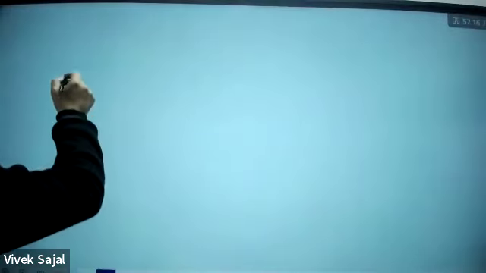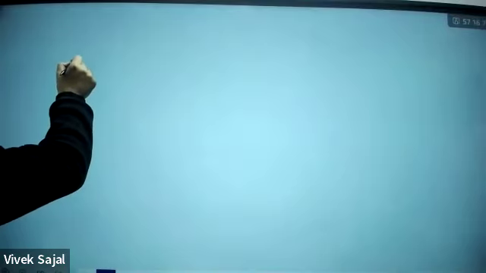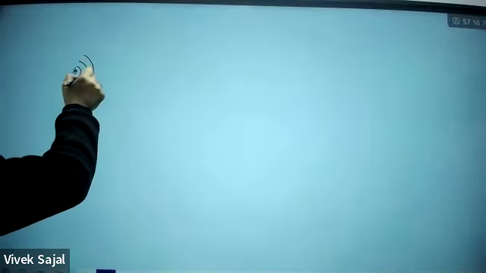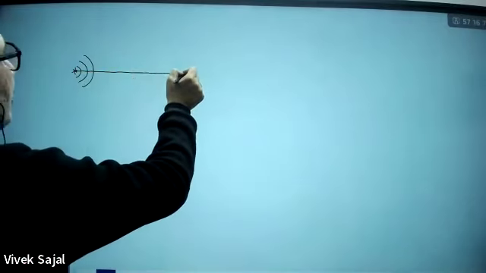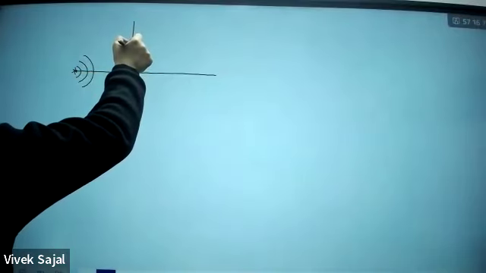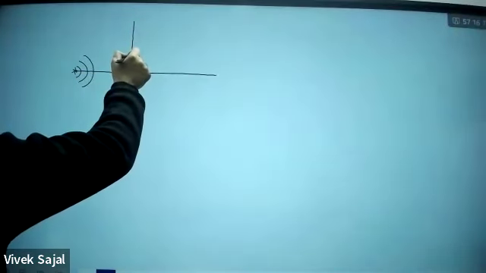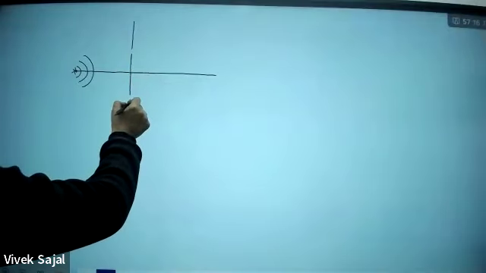so what you are going to get here, this is the source. It is emitting spherical wavefronts. These wavefronts are divided into two parts. A part of the wavefront is emerging from slit S1 and another part is emerging from S2.